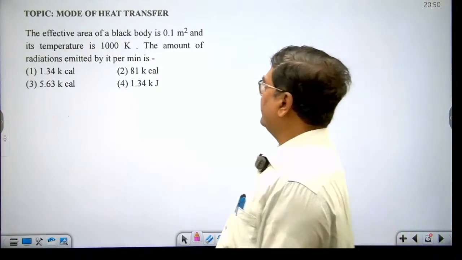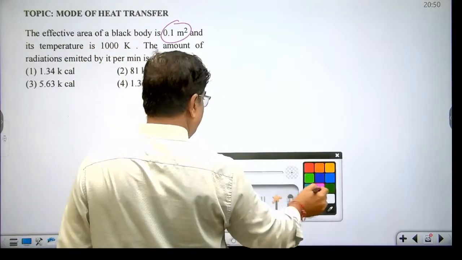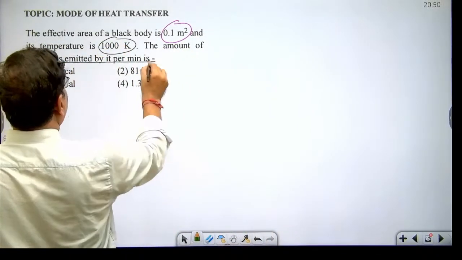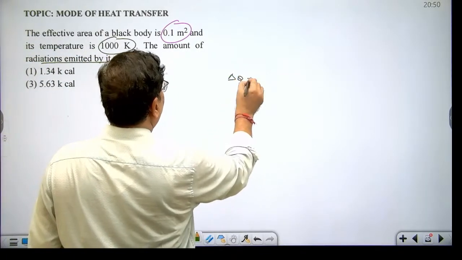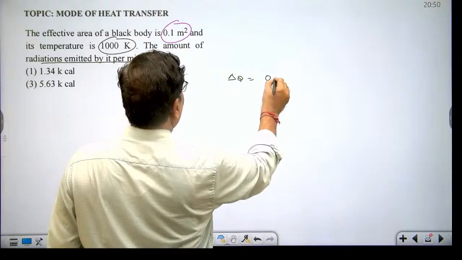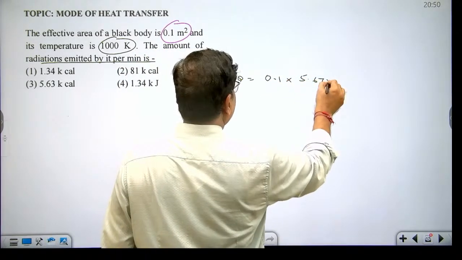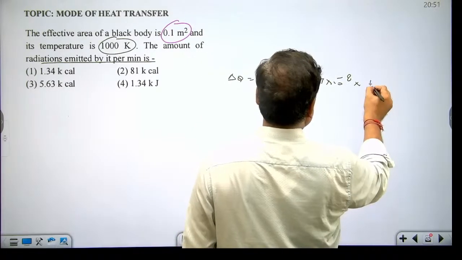The effective area of a black body is 0.1 meter square and temperature is 1000 Kelvin. The amount of radiation emitted per minute: E equal to A sigma T4, where sigma, the Stefan constant, is 5.67 into 10 power minus 8, and T is 10 power 3, power 4.